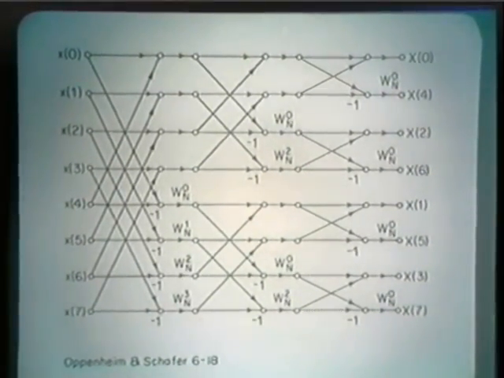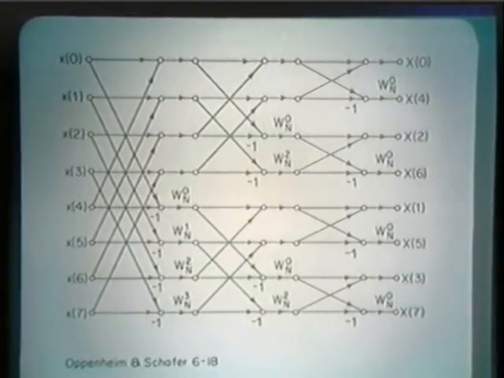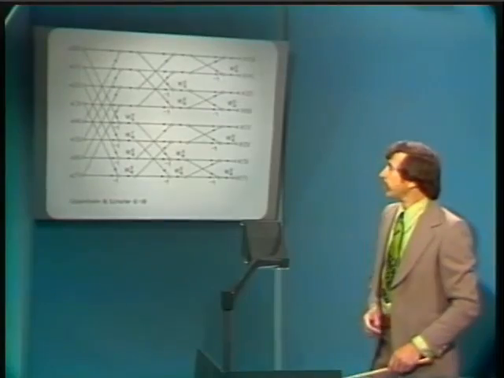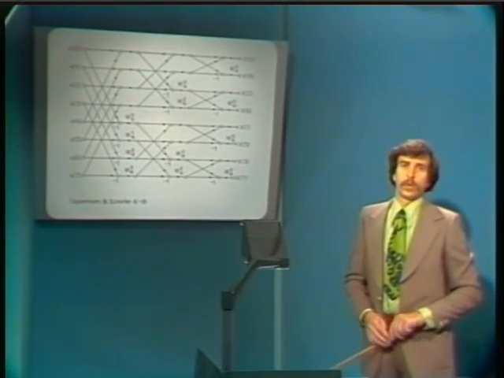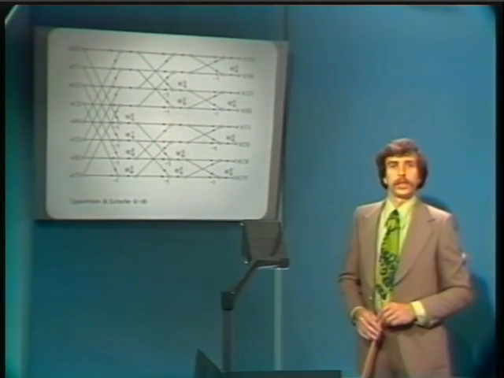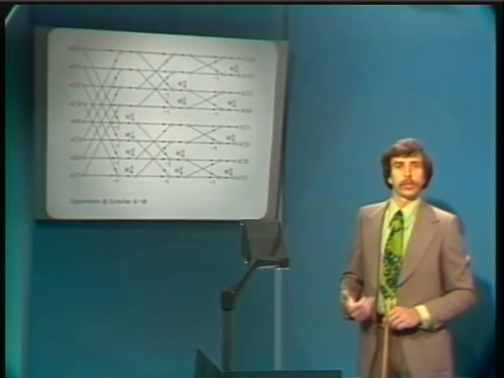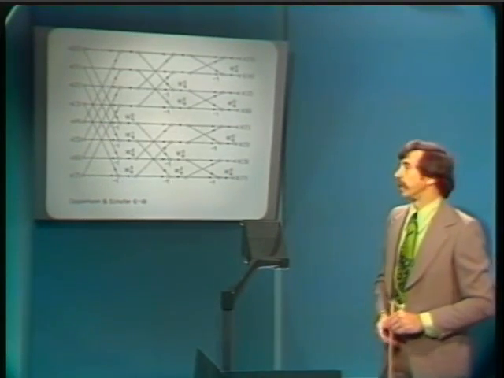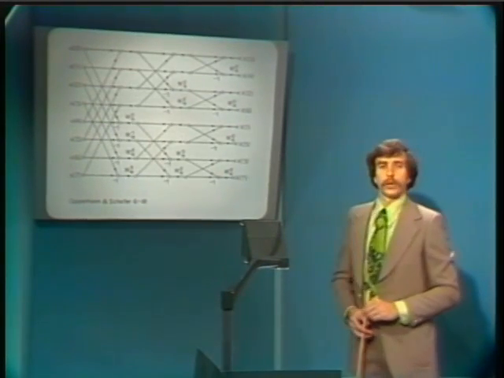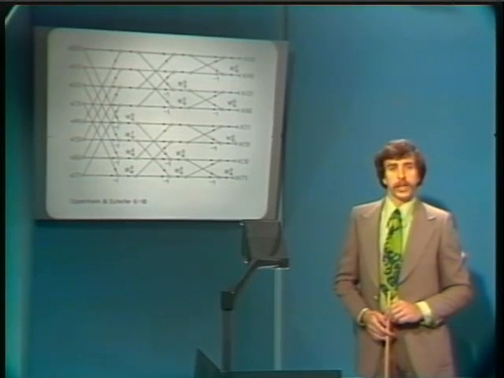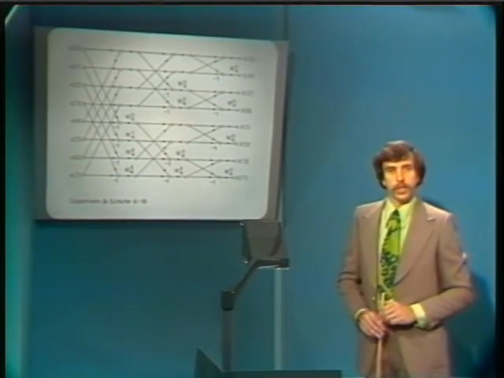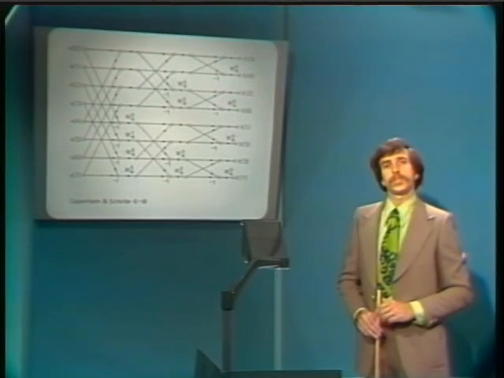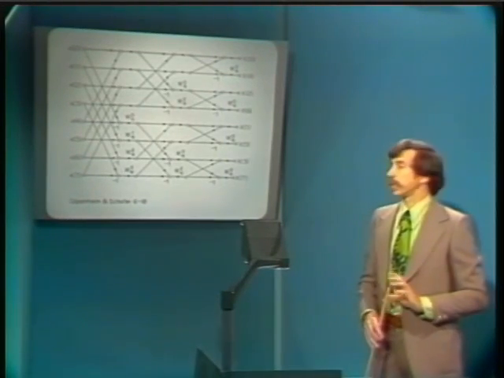In particular, the two flow graphs are transposes of each other. I remind you that in one of the early lectures, when we introduced flow graphs and some of their properties, one property I mentioned, although we didn't derive it, was that transposition of a flow graph doesn't change the input-output characteristics.